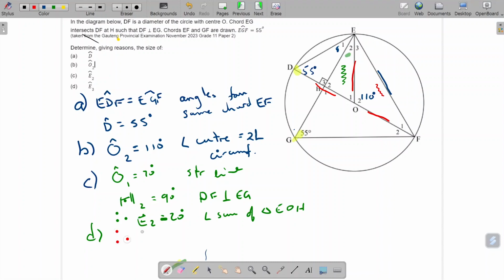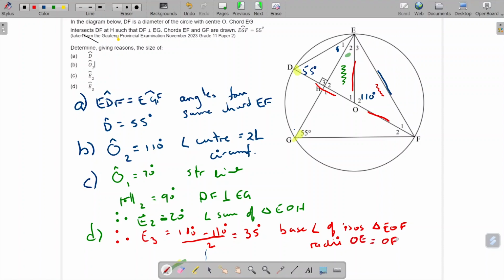Therefore, we know that E3 is equal to 180 degrees minus the 110 degrees, divided by 2, because it's the base angle of an isosceles triangle, which gives us 35 degrees. Base angle of isosceles triangle EOF, radii OE equals OF.